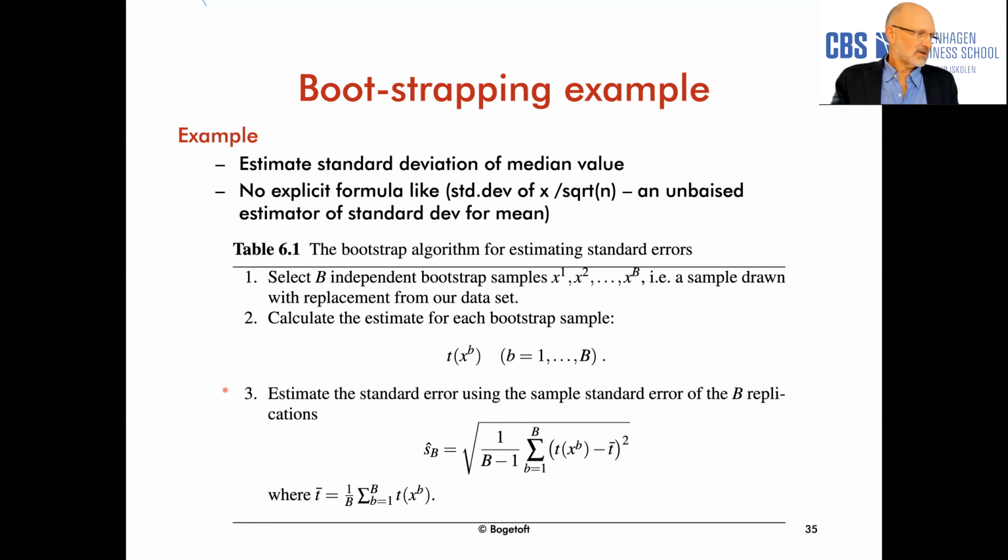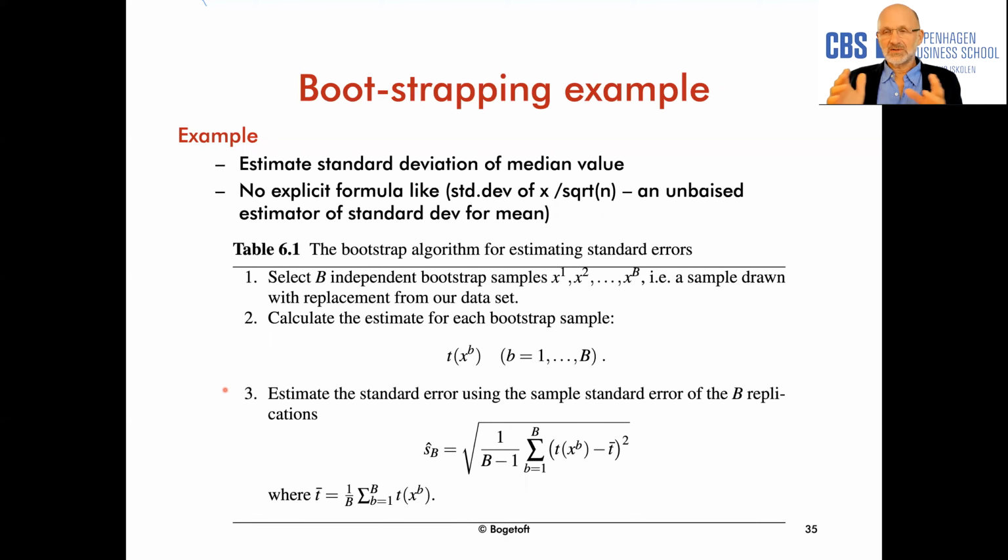So I have a small example here just to get you started, and you can try to do it in the R code also. Let's assume that you are interested to know not only the median value of a population, but you want to know the standard deviation of a median value of an observation of a population. That's a difficult thing to calculate.